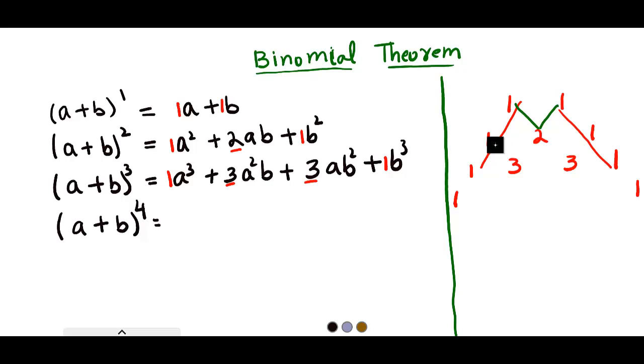In the next pattern, again 3 is the sum of 1 and 2, and the next 3 is also the sum of 1 and 2. 1 plus 2 is 3. To find the coefficients of the next term, again we follow the same pattern. So 1 plus 3 is 4, 3 plus 3 is 6, and 3 plus 1 is 4.